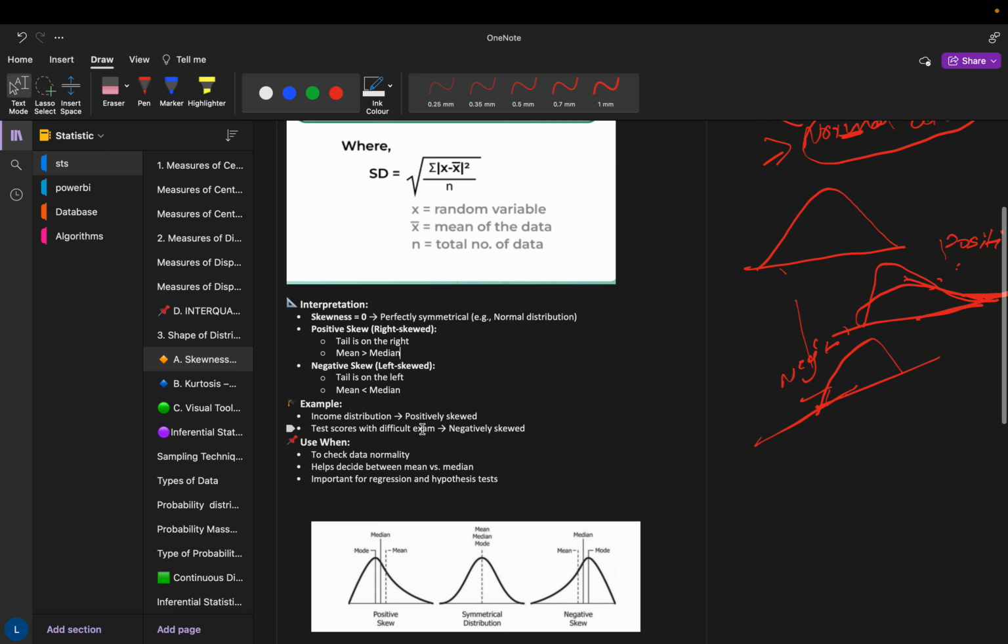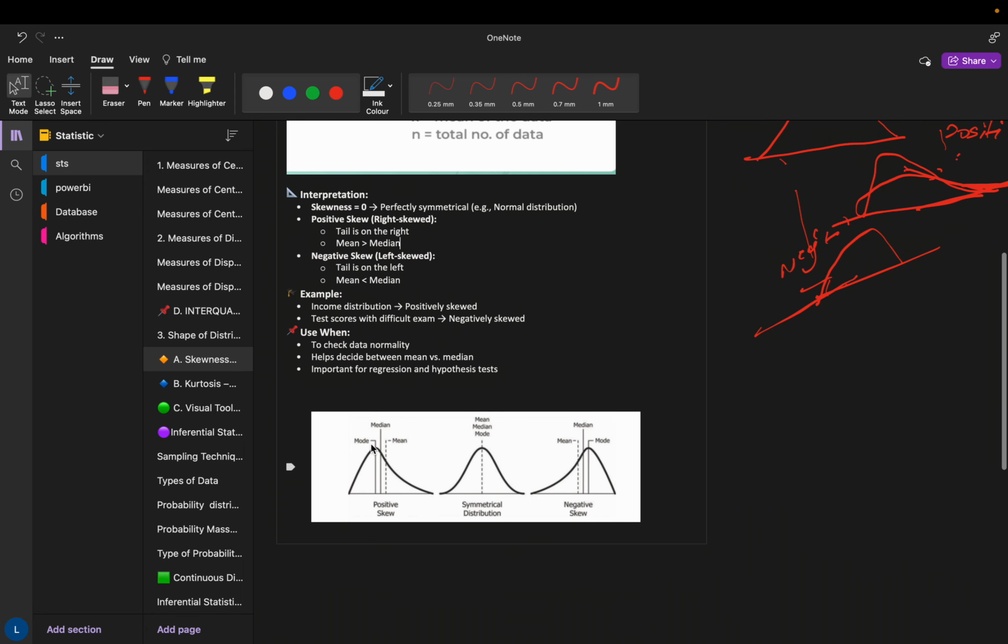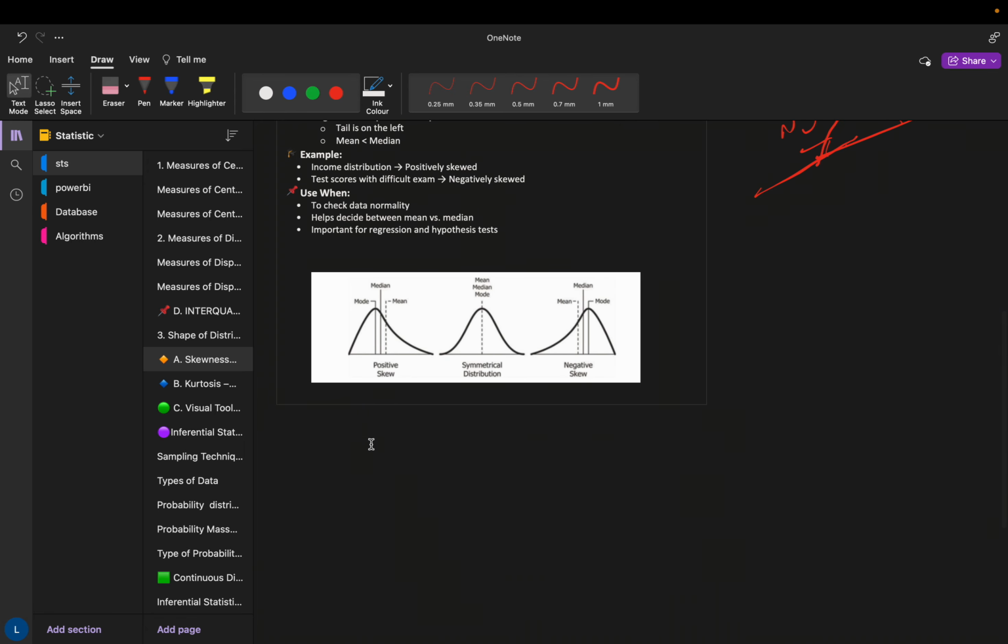Even from the graph you can easily see this.